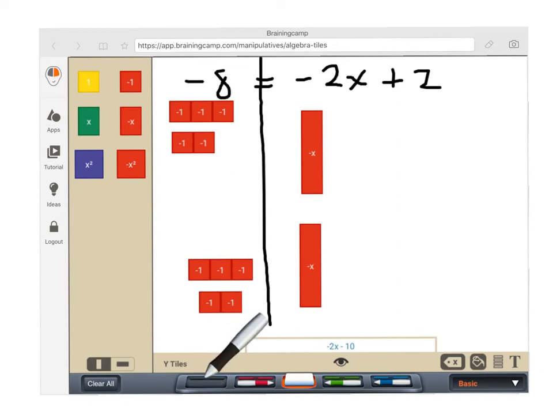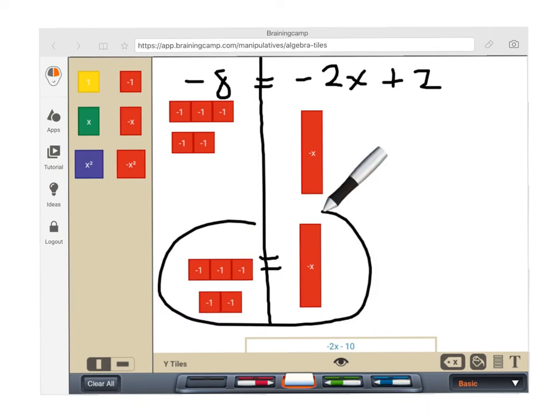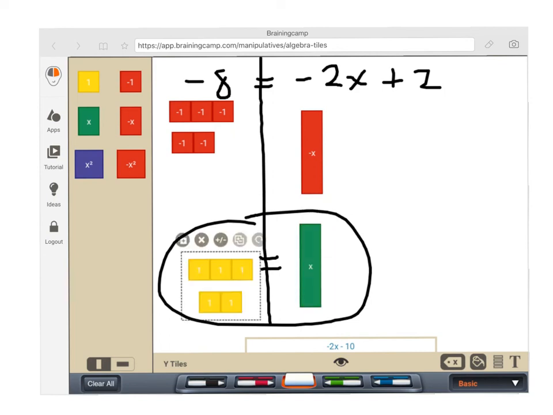So you'll notice I've got a problem. I cannot have a red X. I have to have a green X. So if you recall, we can change this to the opposite sign, and we can take the opposite of this. So my final answer is 5 equals X.